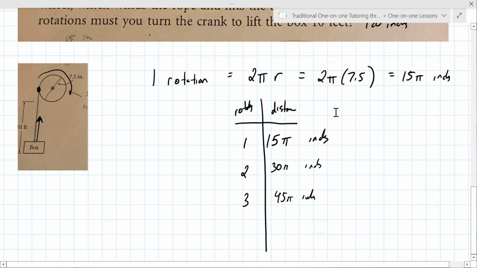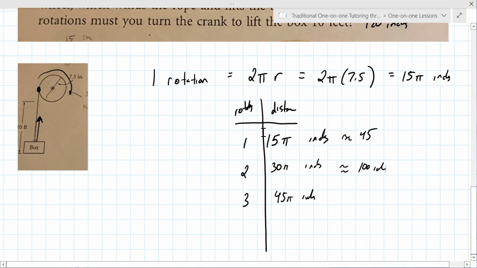Now, at some point, we hit 120 inches. Well, 15 pi is about 45 inches. 30 pi is about 100 inches. So we're pretty close. It's actually between 2 and 3 rotations.